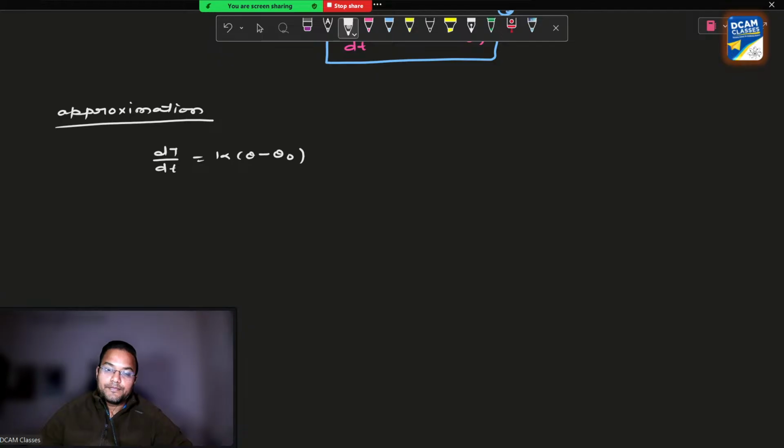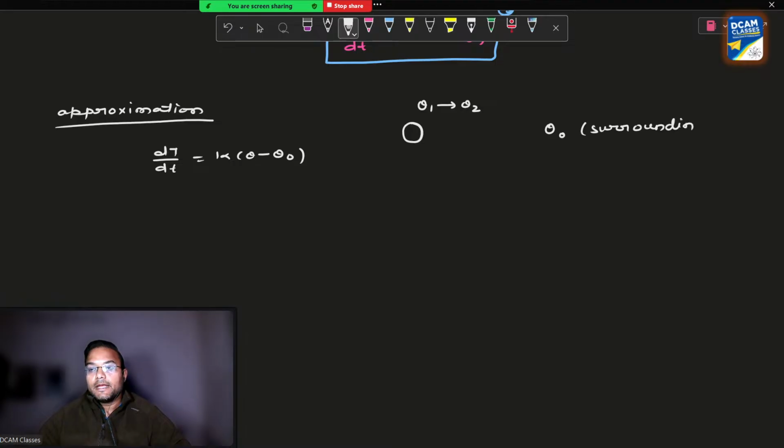So here, if the temperature of the body is changing from theta 1 to theta 2 and the surrounding is at a temperature theta naught, then you can write this equation as theta 1 minus theta 2 over dt, the temperature change over time t, equal to k into theta, where theta is the temperature of the body at any time t. You can take it as the average of these two temperatures.